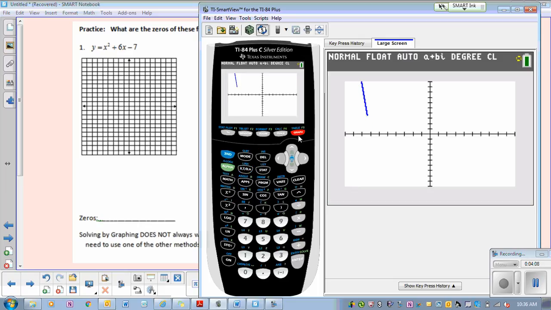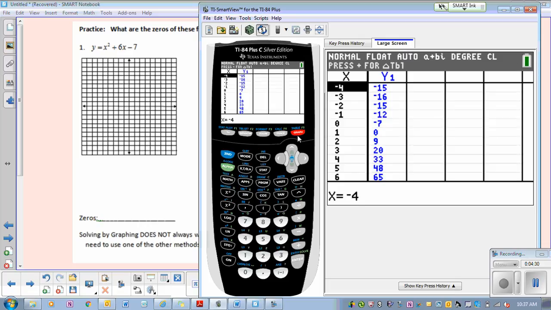All right, let's graph it. Guys, does it have a nice, pretty x-intercept? Sure, yes it does. Where does it cross through the x-axis? It looks like at 1 and -7. Well, let's double check.